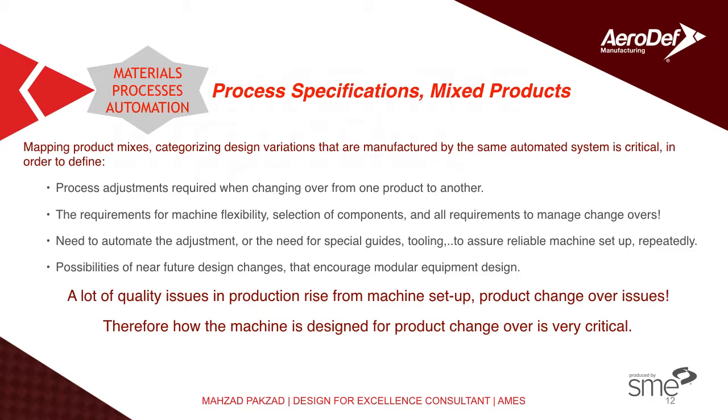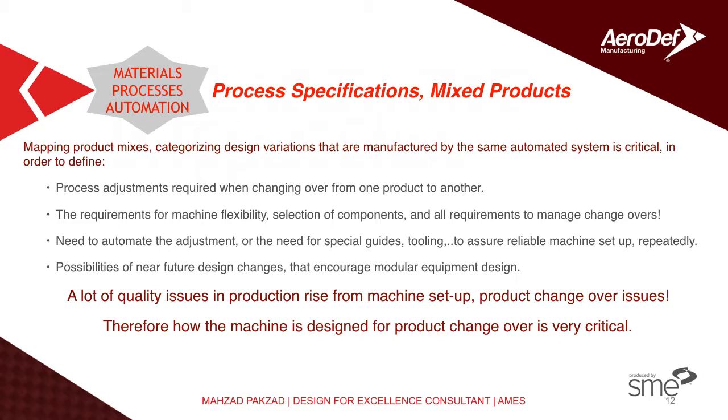Process specification, mixed products. This is like when you have a family of products with different sizes or different features for different customers, or the same customer, and they're all being run on the same piece of equipment.